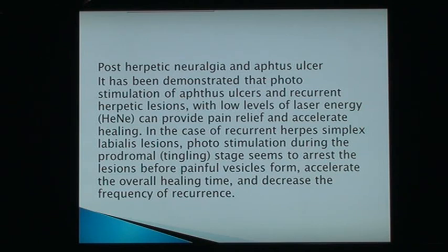In the case of recurrent herpes simplex labialis lesions, photostimulation during the prodromal stage seems to arrest the lesion before painful vesicles form, accelerate the overall healing time, and decrease the frequency of recurrence.